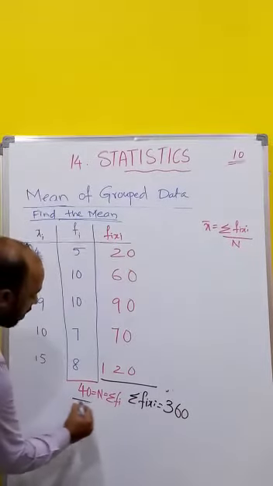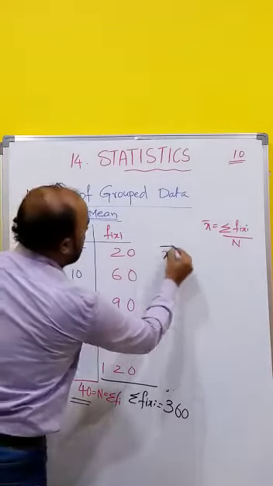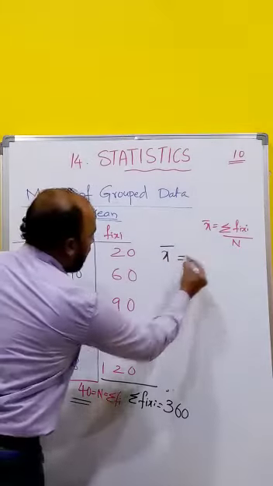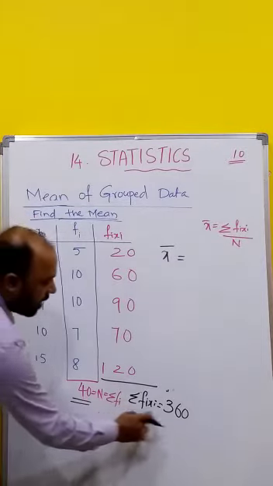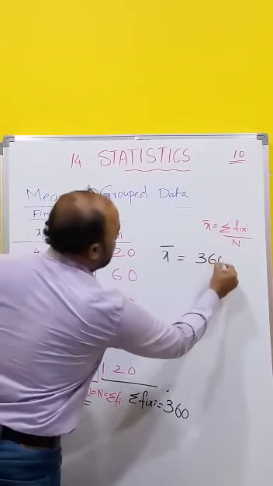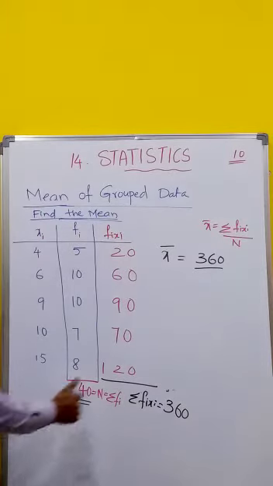And this value we know already, 40. We know the formula, just applying this. What we are finding? Mean, the arithmetic mean or average of the given data. X bar is equal to sigma fi xi. What is the sigma fi xi value? 360. 360 is divided by, what is the n value? 40.